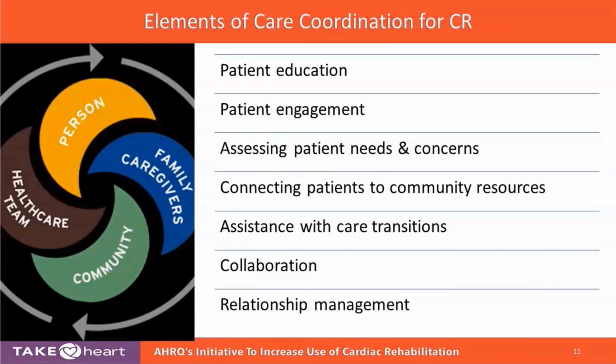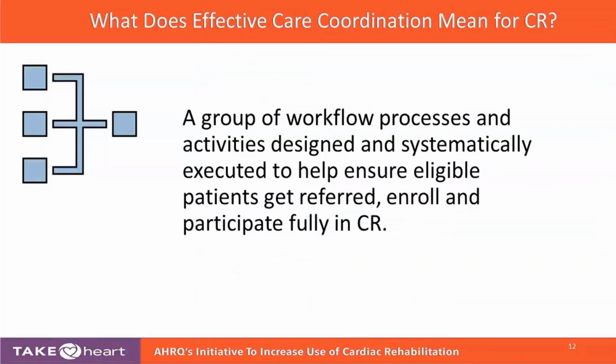And that relies on developing relationships with the providers from within the system and outside the system, to continue to promote the referral of eligible patients, and with post-acute care facilities, so that we can facilitate the transitions of care for all these patients. So if we work on all these elements, this will contribute to reducing the time from patient referral to enrollment, and hopefully get greater participation in cardiac rehab.